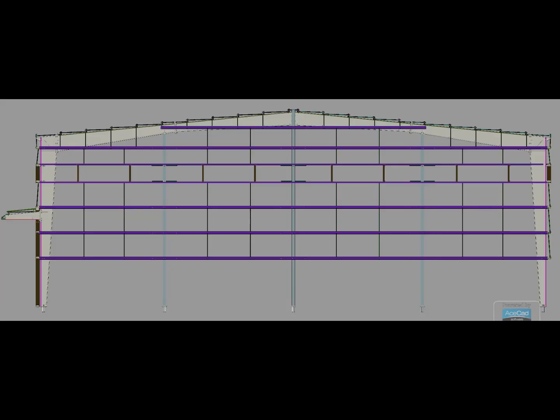Instead of trying to understand every line at the same time, break the drawing into primary framing and secondary framing. This is particularly useful when you are working on a real PEB project. A real project drawing may contain columns, rafters, girts, purlins, bracing, sag rods, sheeting, openings, canopies, and several connection details.